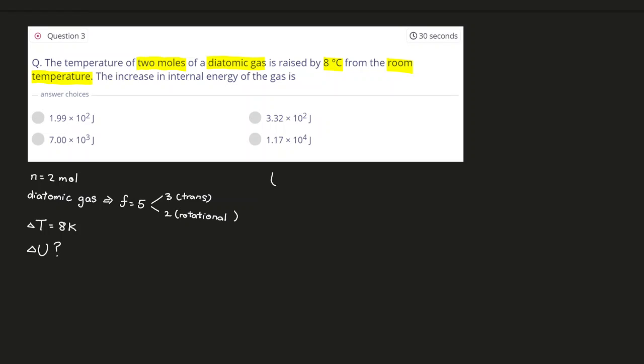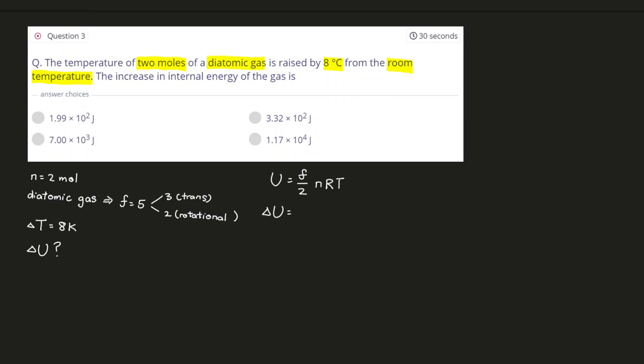You need to know that U is equal to F over 2 nRT. This is the internal energy that we have. F represents the number of degrees of freedom, n represents the number of moles, R represents the molar gas constant, T represents the temperature. So with this, we can build this.